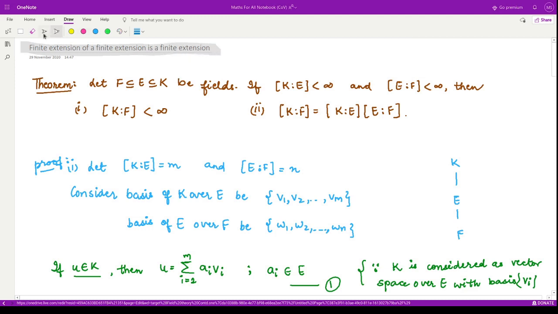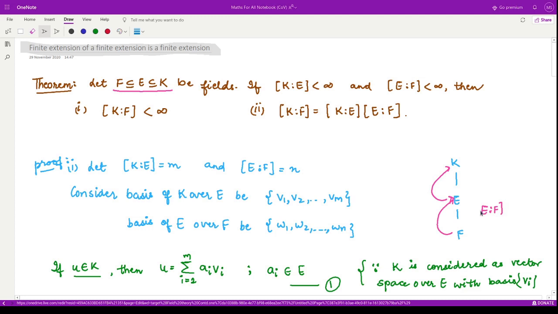That means suppose we have three fields, say F, E and K, and they are contained in each other. That means E is an extension of the field F and K is an extension of the field E, right? And this extension E over F is a finite extension.